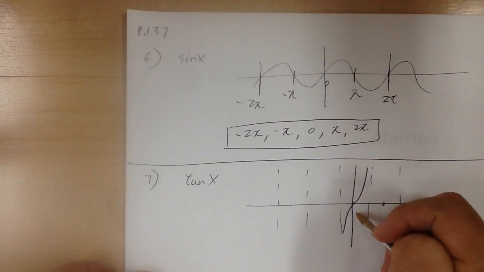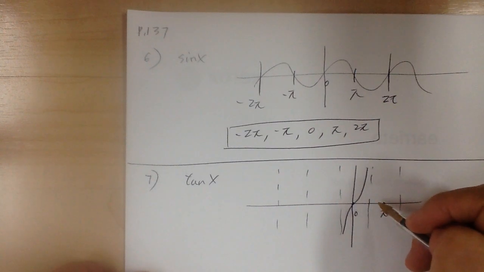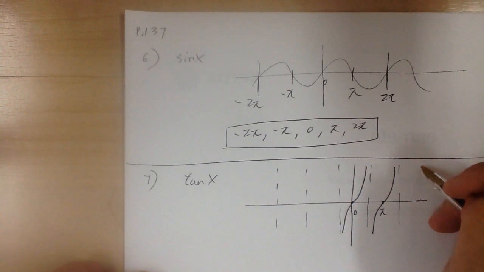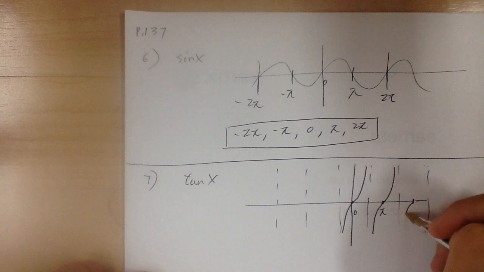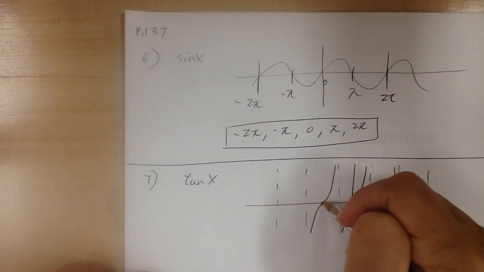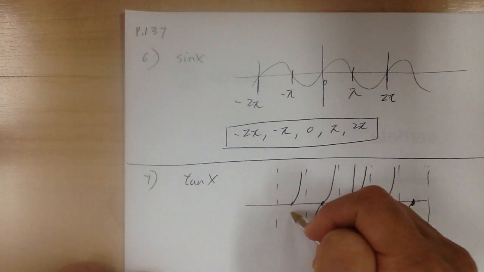So it'd be 0, pi, here's 2 pi, negative pi, negative 2 pi.